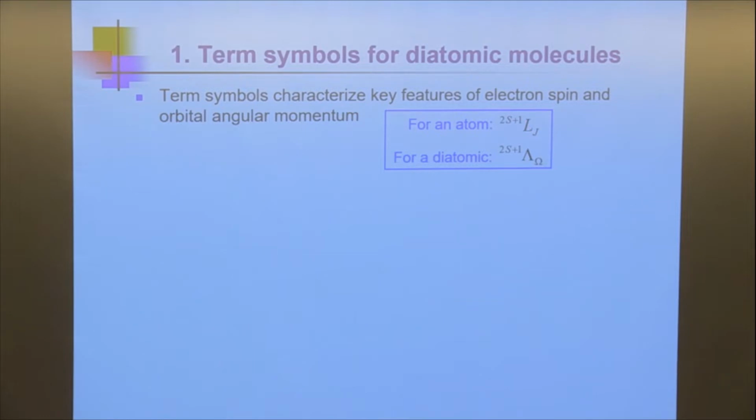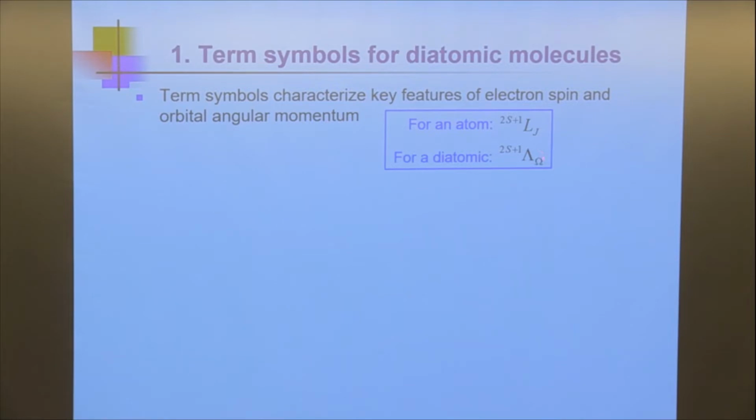And there's a meaning. S stands for spin, which for a single electron is 1/2. That's the spin, because it turns out molecules have to transition between states that have a common spin. L is the orbital angular momentum, and then J is always the total angular momentum.